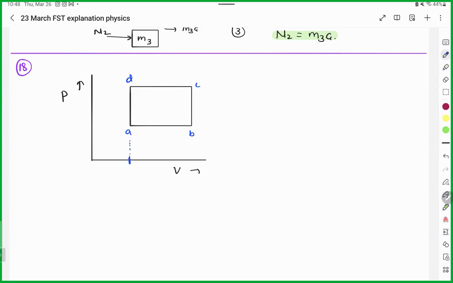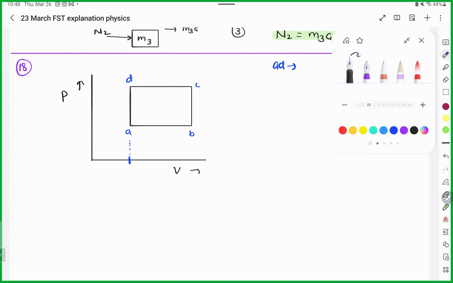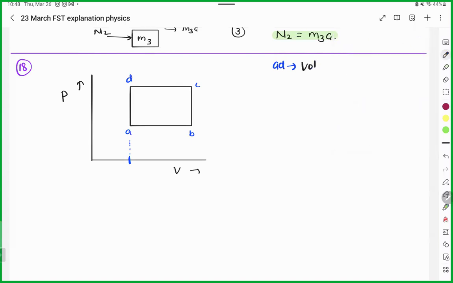Volume is fixed. So from A to D, we know volume is not changing. If volume is fixed, this process is known as isochoric process. Okay.